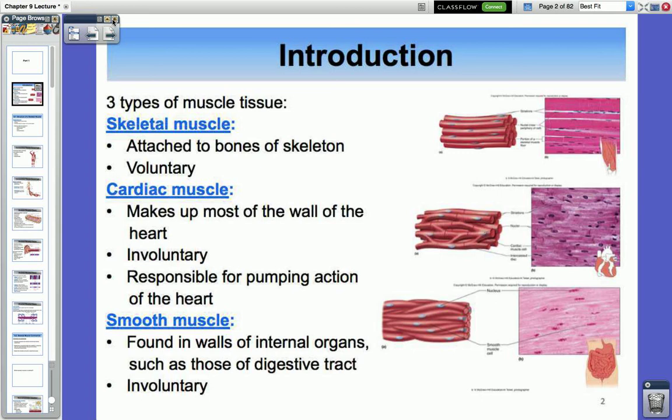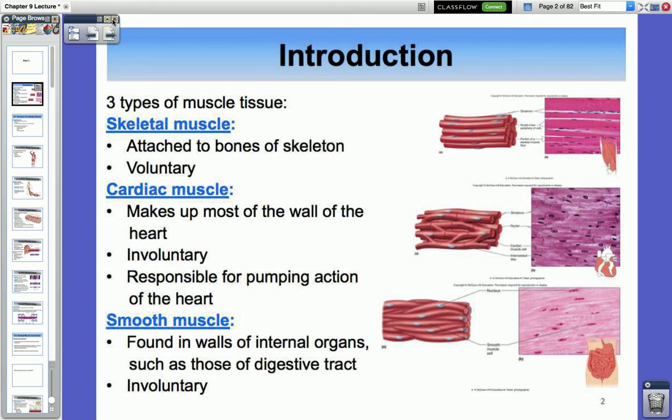But for each of these, what I encourage you all to do is to find something that is unique to each of them so that you can identify one from the other. Number one, skeletal muscle is the only type of muscle tissue that is voluntary, which means that we can consciously control it.